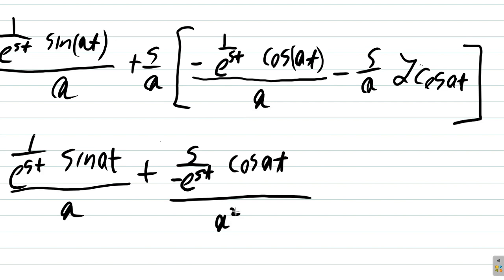So that's going to be a squared. Alright, so after that we have minus s, we multiply s here, so it's s squared over a times a, over a squared, times the Laplace of cos at.